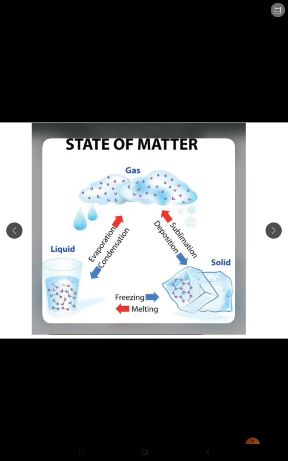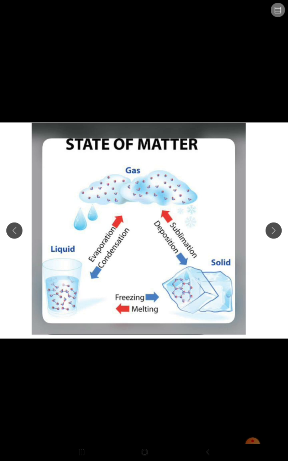Now you also know the conversion of states of matter: ice melts to form liquid, and liquid, by the process of evaporation, changes into water vapor or gas.